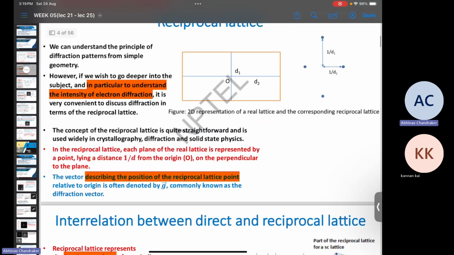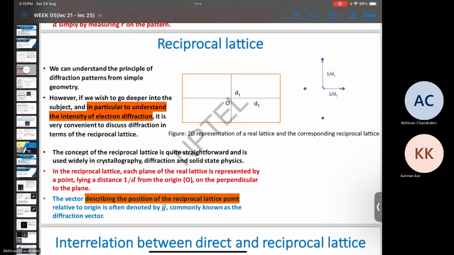And this is a hypothetical space. This is a hypothetical system that we'll use, but this is very much useful when you are working on TM related diffraction patterns.